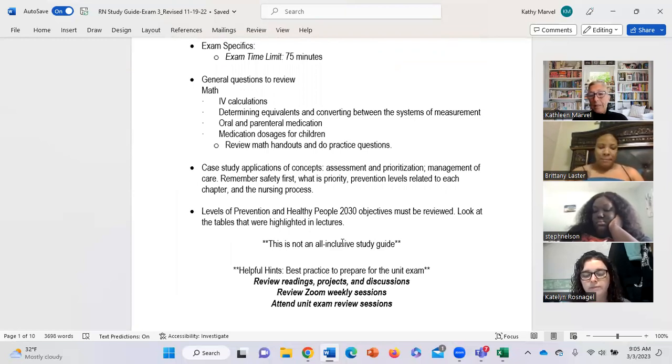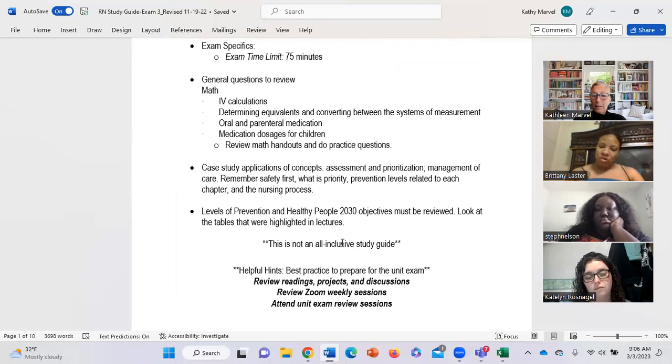And you should have all received math resources at the beginning of the term. I would suggest you go back and read through those if you struggle with math. There are some pretty simple calculation forms, kind of cheat sheets for math. And then, as we talked about, case study applications of concepts.